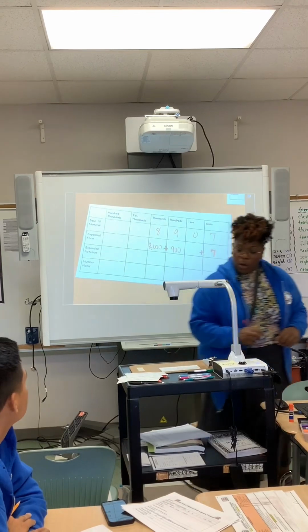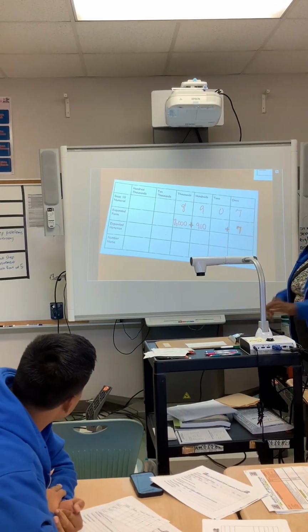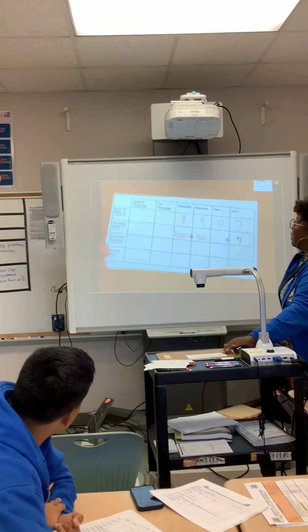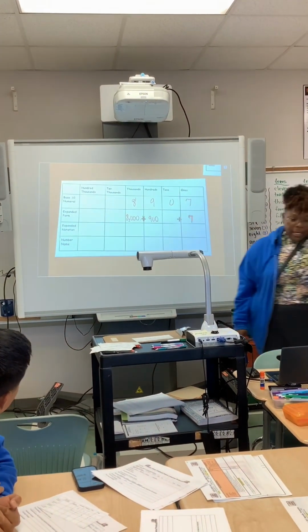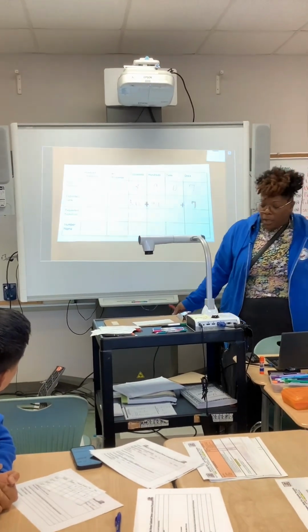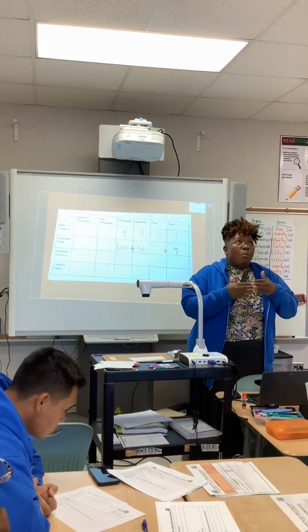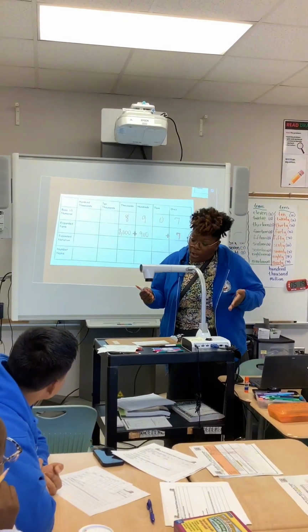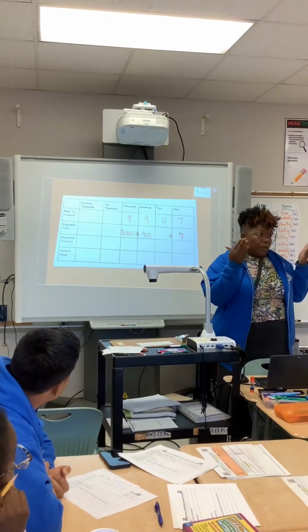So now we need to go to the expanded notation. This is kind of different, because I know you learned expanded form last year, and expanded notation is a little bit different. Expanded notation is where we are multiplying each number by the place value. That's the easiest way I can think of it.